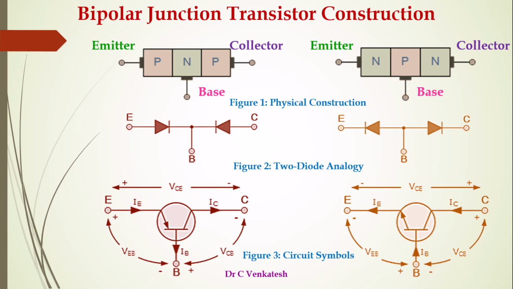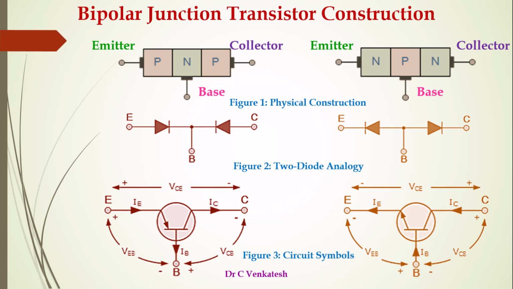It matches the direction of the arrow on the schematic symbol and shows you which way current is intended to flow through the transistor. The construction and circuit symbols for both the PNP and NPN bipolar transistors are shown, with the arrow in the circuit symbol always showing the direction of conventional current flow between the base terminal and its emitter terminal.